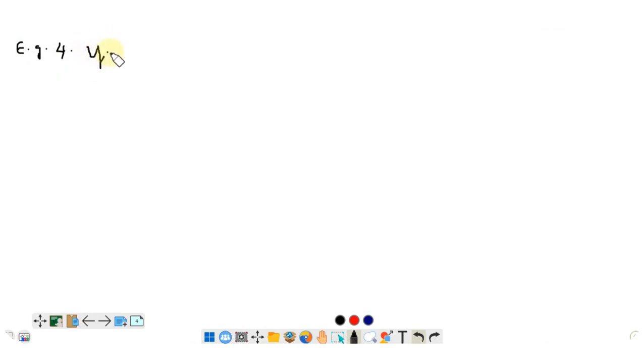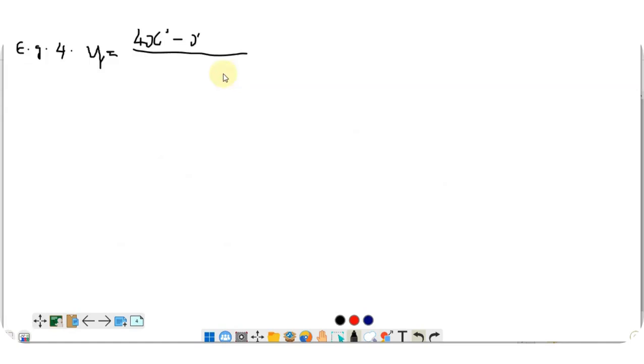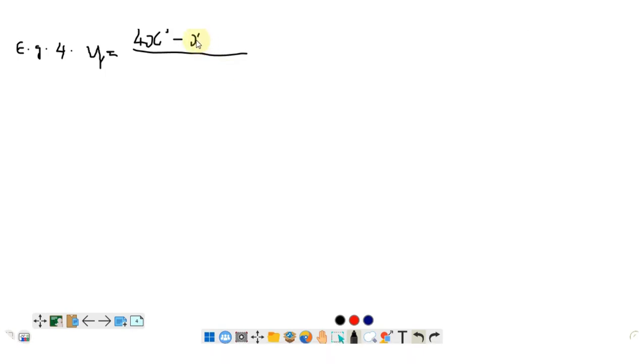For example 4, we are given y is equal to 4x cubed minus x squared plus 2, all over 3x.